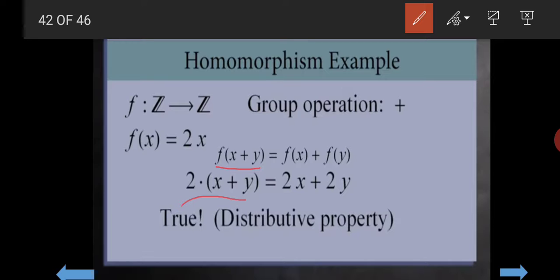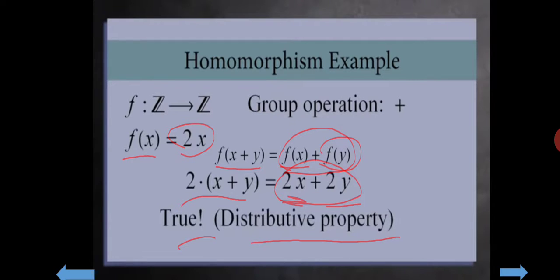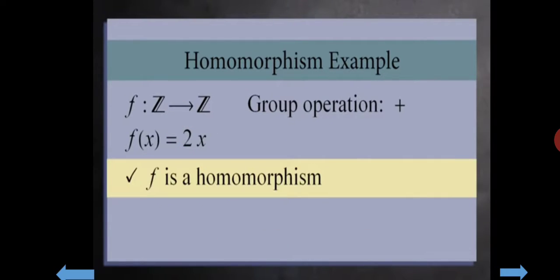And on the right-hand side, f of x equals 2x, then f of y equals 2y, and so f of x plus f of y equals 2x plus 2y, and that is true by the distributive property. And so we can say that f is a homomorphism.